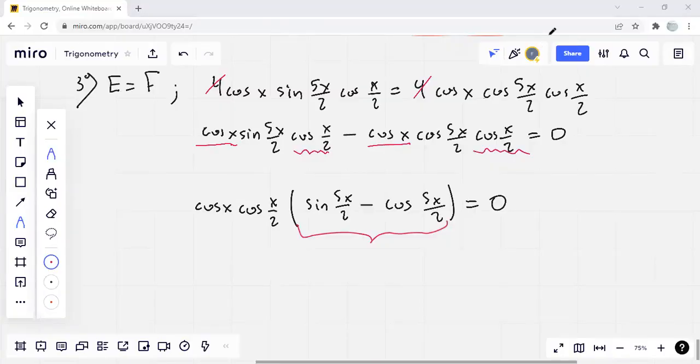For now, we can continue and leave it as it is. Cosine x equals, and here we have the product of 3 terms equal to 0.